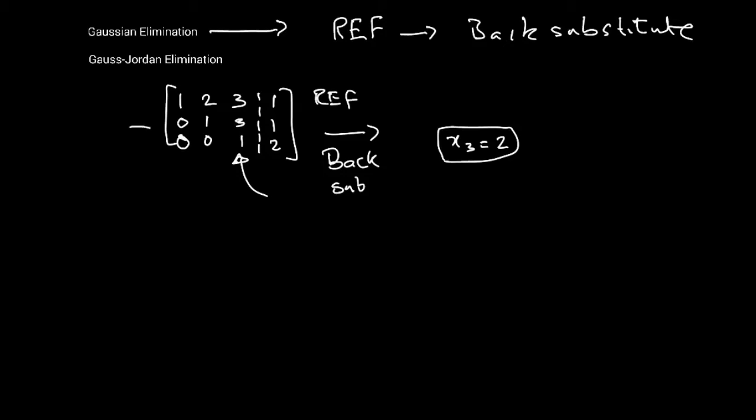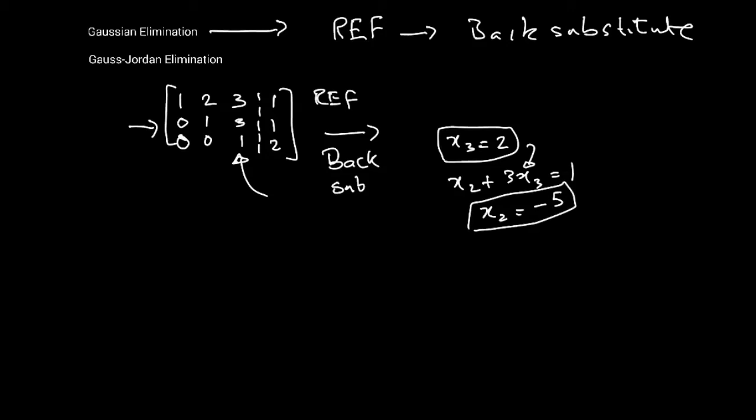The second equation gives us x2 plus 3x3 equals 1. When you substitute the 2 in here for x3, that gives you 6, which goes to the other side, so x2 is minus 5. So we've got x2 as well.